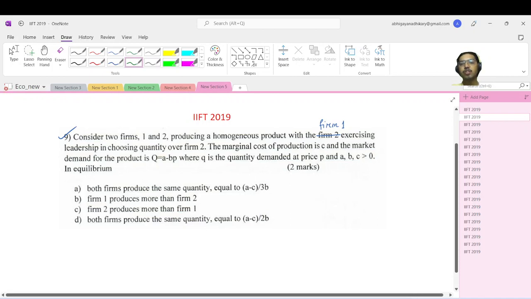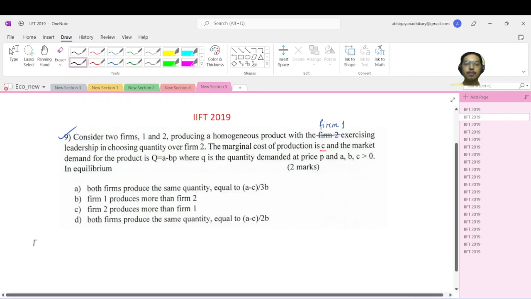The marginal cost of production is C and the market demand for the product is A minus BP, where Q is the quantity demanded at price P, where A, B, and C are positive. So what are we expecting to occur in the equilibrium? So basically there are two firms.